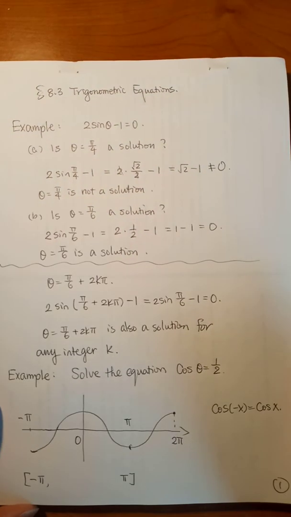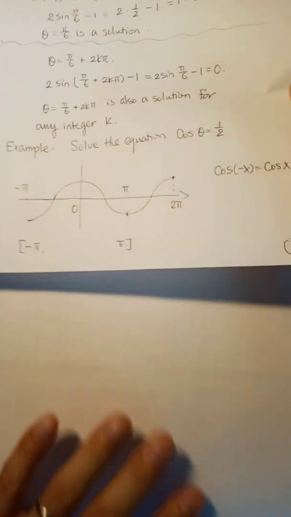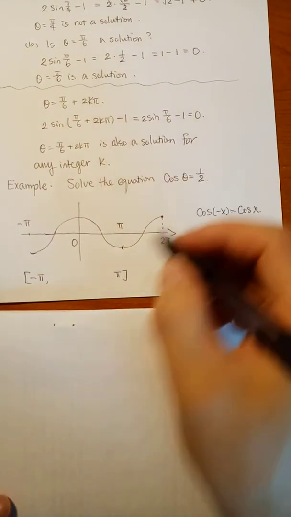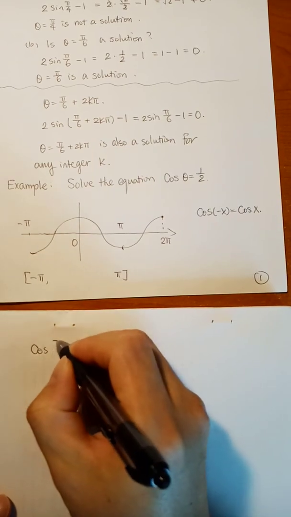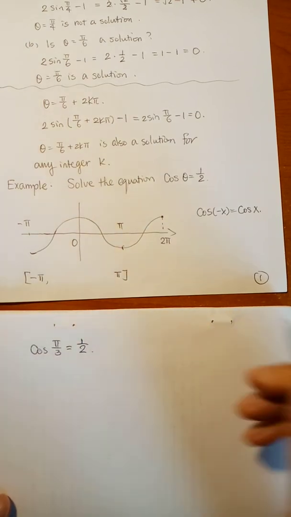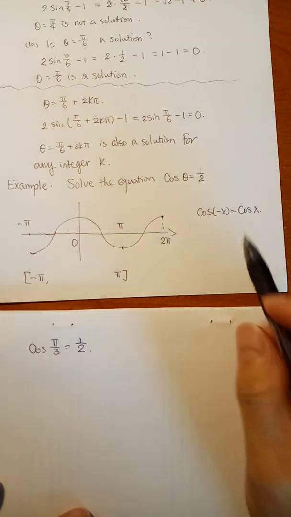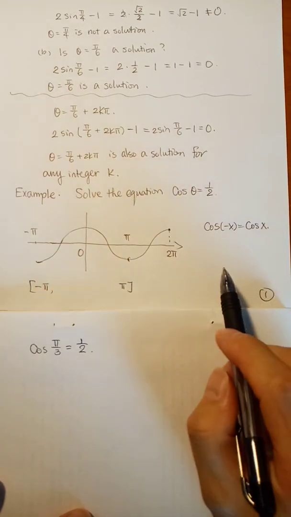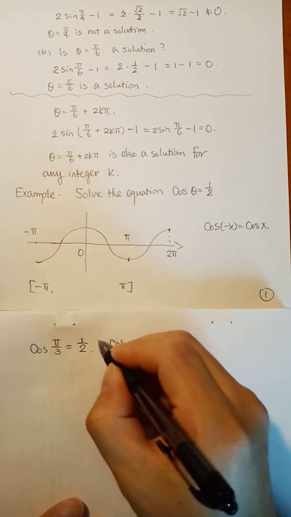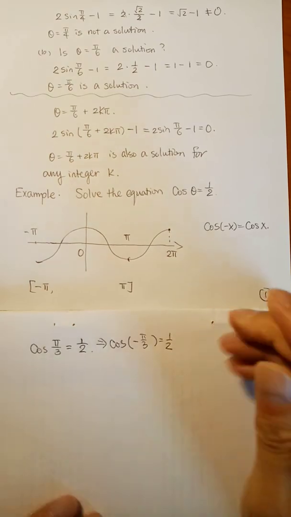So what is the advantage? Let's see how we solve it. Here, cosine pi over 3 is 1/2. From the table, we know that cosine pi over 3 is 1/2. And then by the even function property, it implies cosine negative pi over 3 is also equal to 1/2.